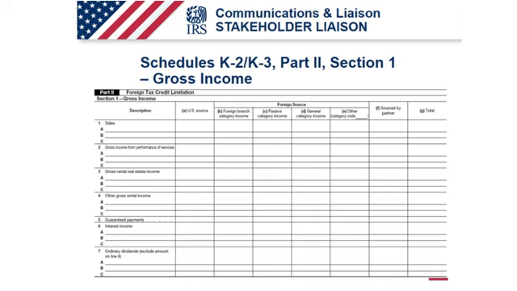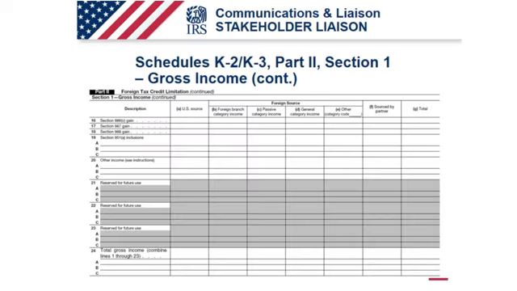Just for illustration of the schedule, we skipped lines 8 through 15 of the form on this slide. The next slide is the continuation of Section 1. Notice that line 24 is the sum of all of the various types of gross income listed above.